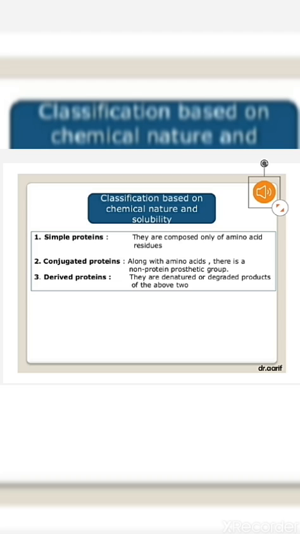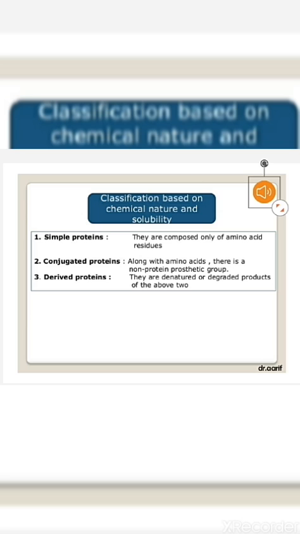One important classification of protein is on the basis of its composition. Some proteins are simple proteins. It means they contain only amino acids. While some proteins are conjugated proteins or complex proteins, they contain a non-proteinous part also with them, meaning except amino acids, they have some other parts. Like glycoprotein has carbohydrates, lipoprotein has lipids, hemoglobin has iron.